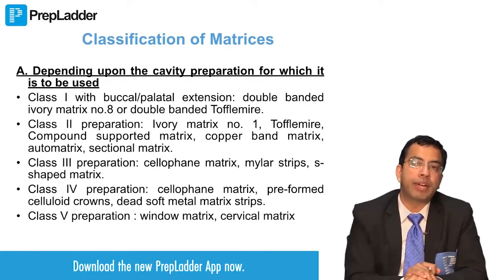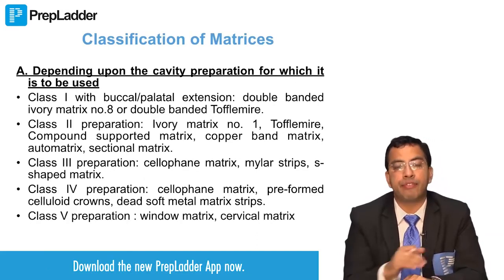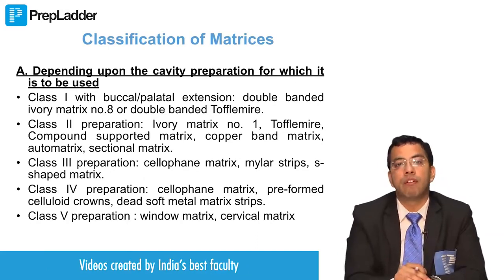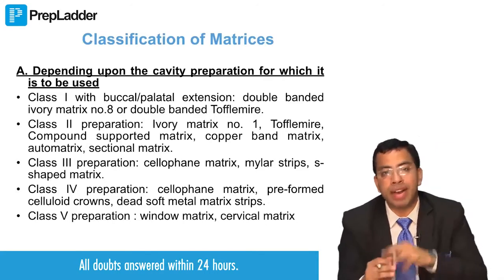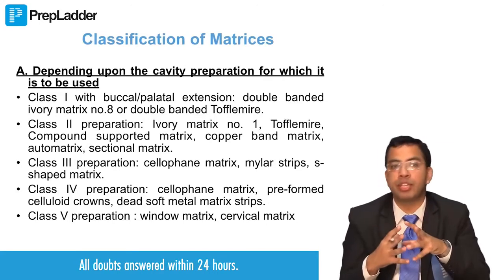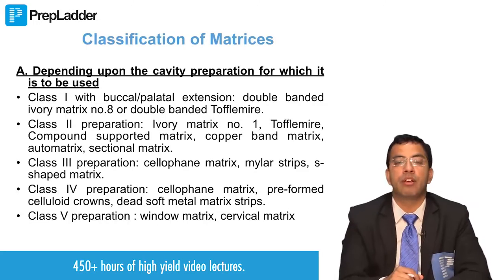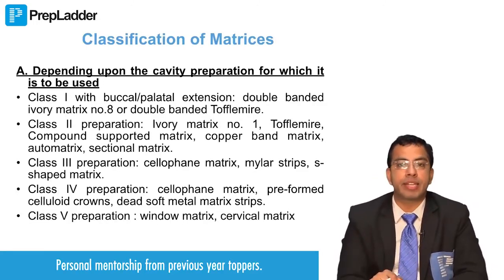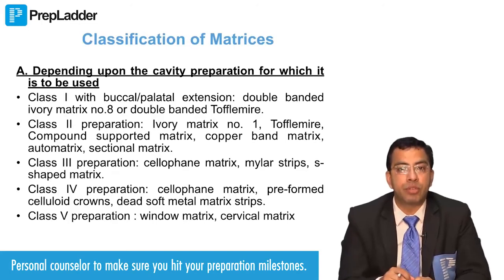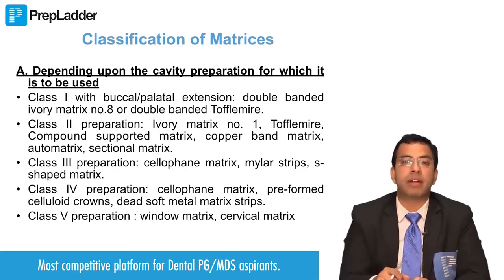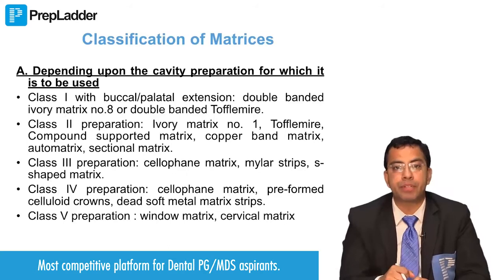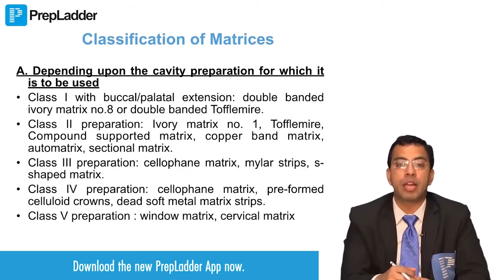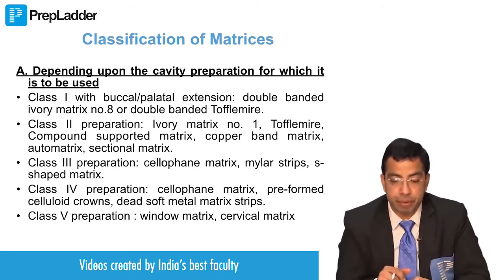So, if you were to classify the matrices, there are different ways one can classify. One, depending upon what kind of cavity preparation for which you are going to use the matrices. For example, matrices to be used with class 1 cavity with a buccal or palatal extension, matrices to be used with class 2 preparations, with class 3 preparations, with class 4 preparations and with class 5 preparations.